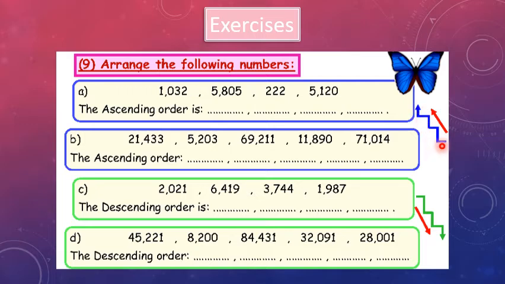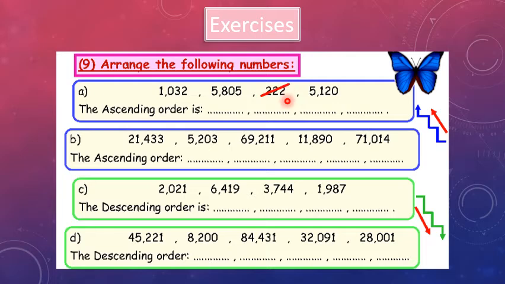You just count up this ladder from the smallest number to the biggest number. Here, from our comparison exercise, the number with the fewest digits is the smallest number. Here we have 4 digits, 3 digits, and 4 digits. Then the smallest number here is 222.